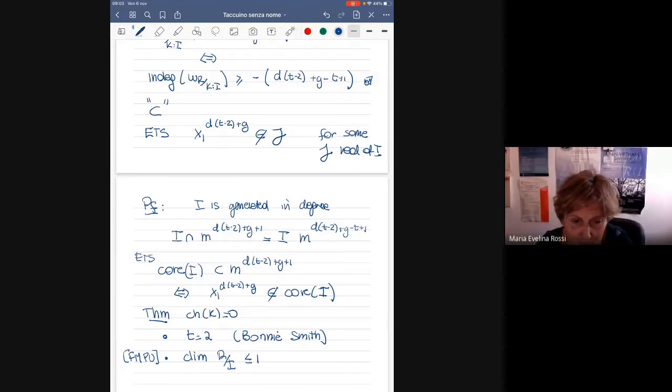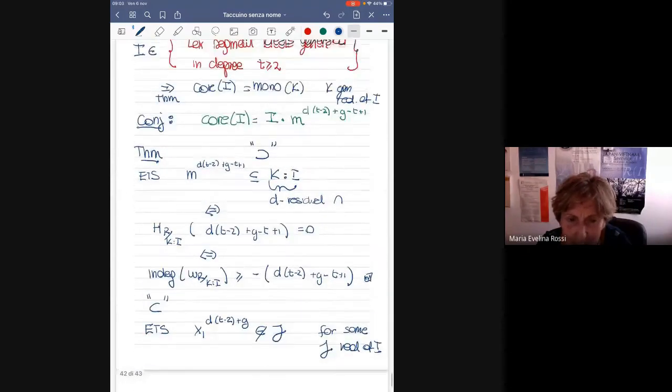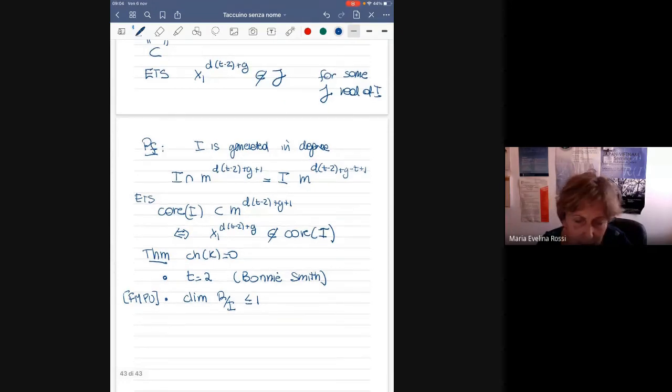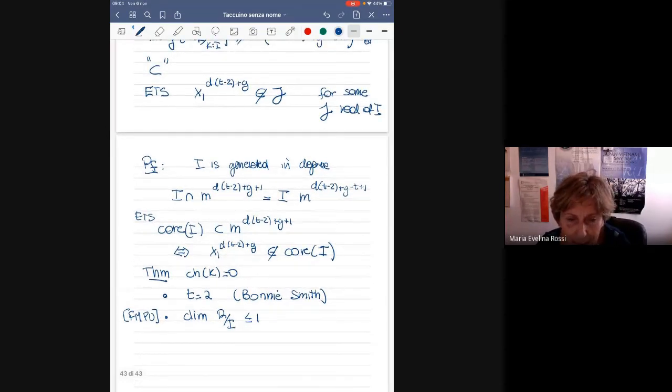Marilina, I have a question. Yes, yes. This is my curiosity, but Claudia, if you take, for instance, a primary ideal, and assume that you have information on the reduction number, for instance, it is very small, two, maybe one is clear, but the reduction number is two.